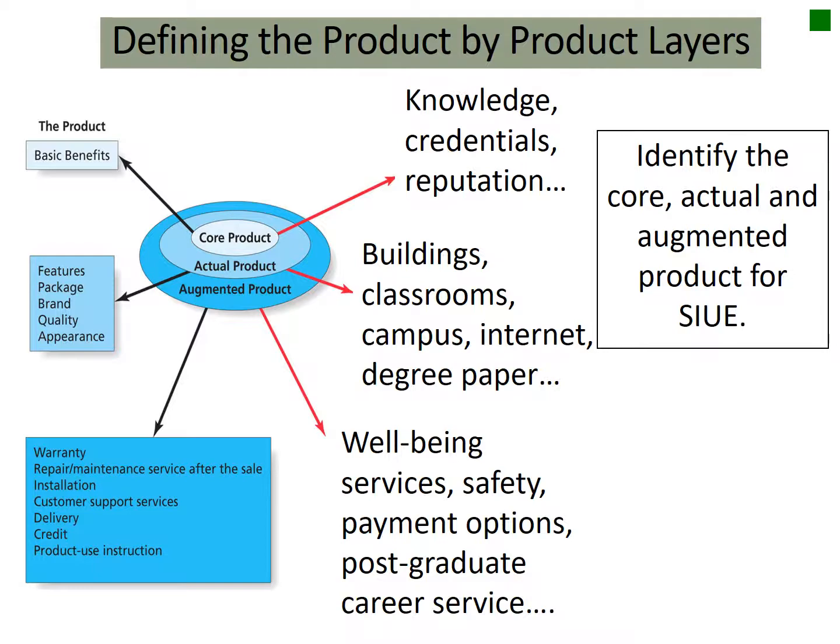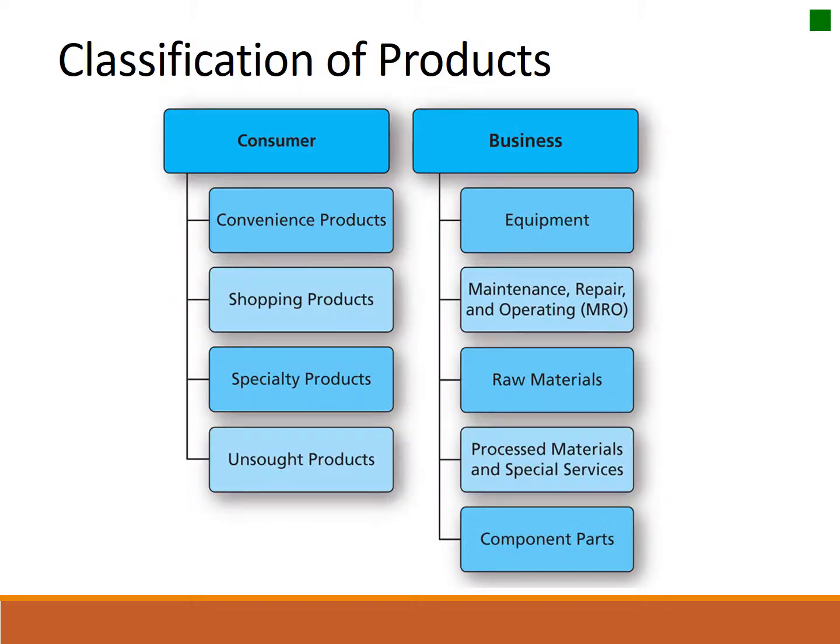The other element here that we'll talk about and spend a little bit of time on is the classification process. So it's not uncommon for us to categorize products in a useful way in order to identify competitors, but also identify markets as well.